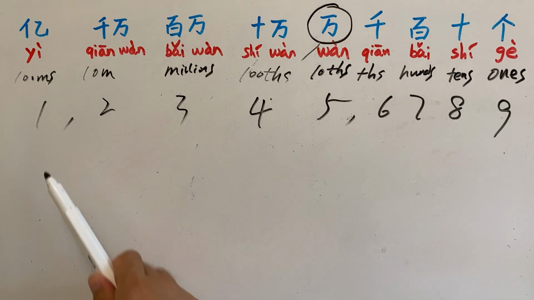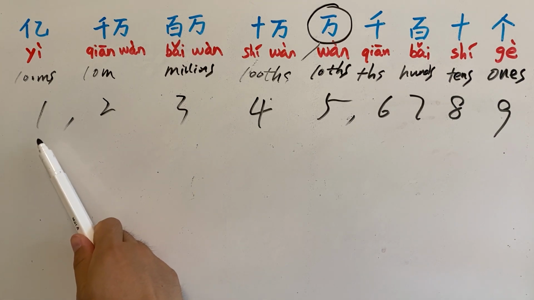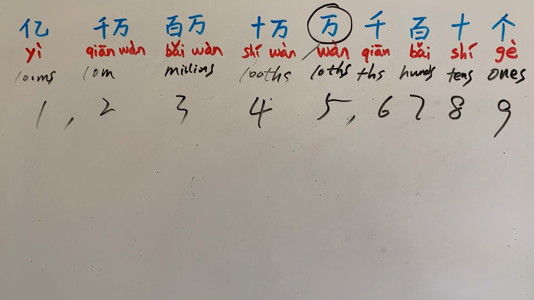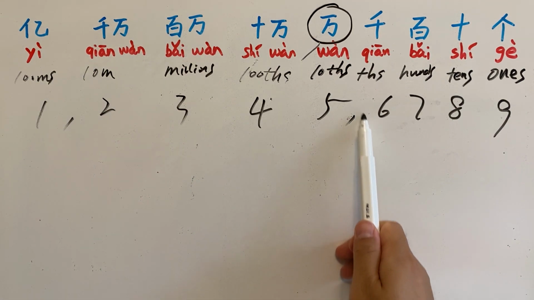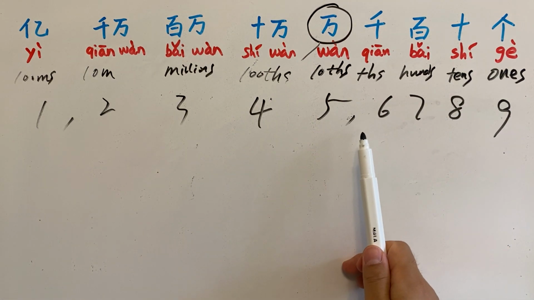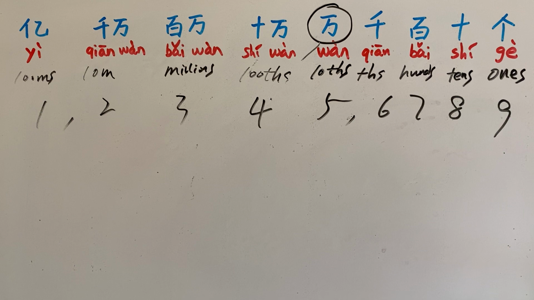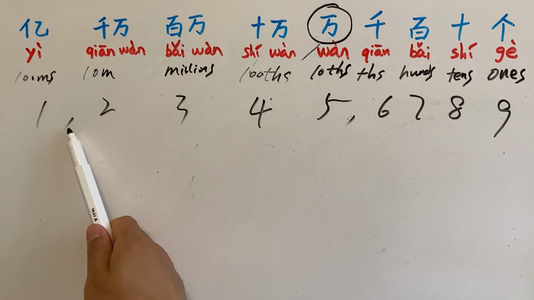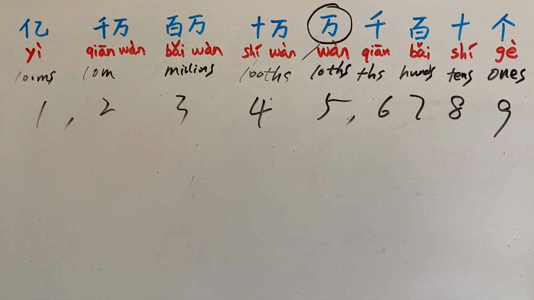So the first comma from right to left is 万, and this comma is 亿. 亿 means 100 million.